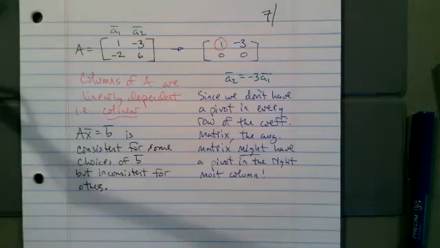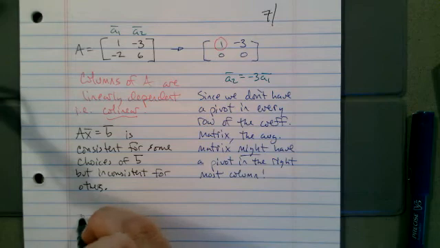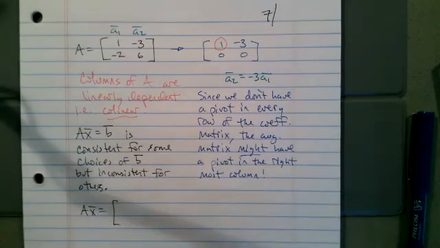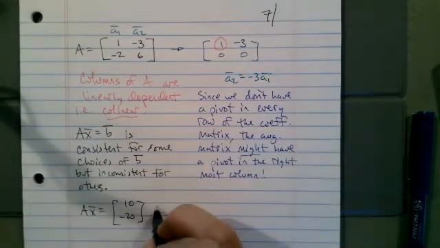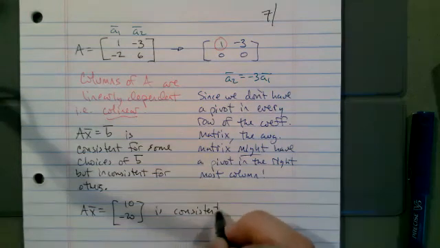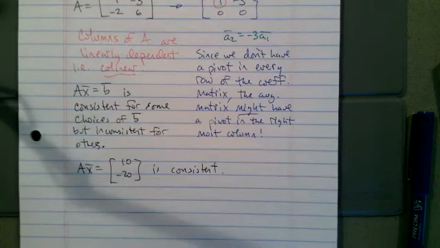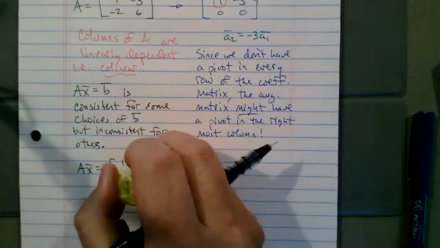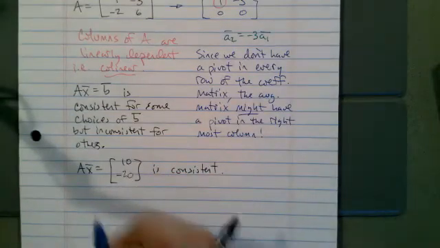So for example, if I take AX equals, let's say, 10, -20, that's a consistent equation. If I look at the reduced echelon form, even though there's not a pivot in every row of the coefficient matrix, this particular choice of B is not going to put a pivot in the rightmost column of the augmented matrix.